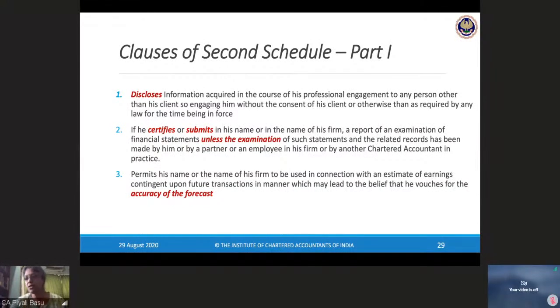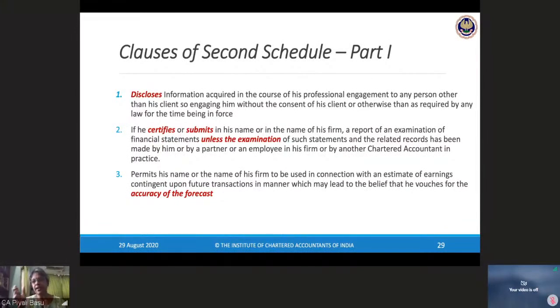The second schedule, the second clause. What does the second clause talk about? Clause 2, part 1, second schedule talks about a member in practice who certifies or submits in his name or in the name of the firm a report of an examination of financial statements, unless the examination of such statements and the related records has been made by him or by a partner or an employee in his firm or by another chartered accountant in practice.